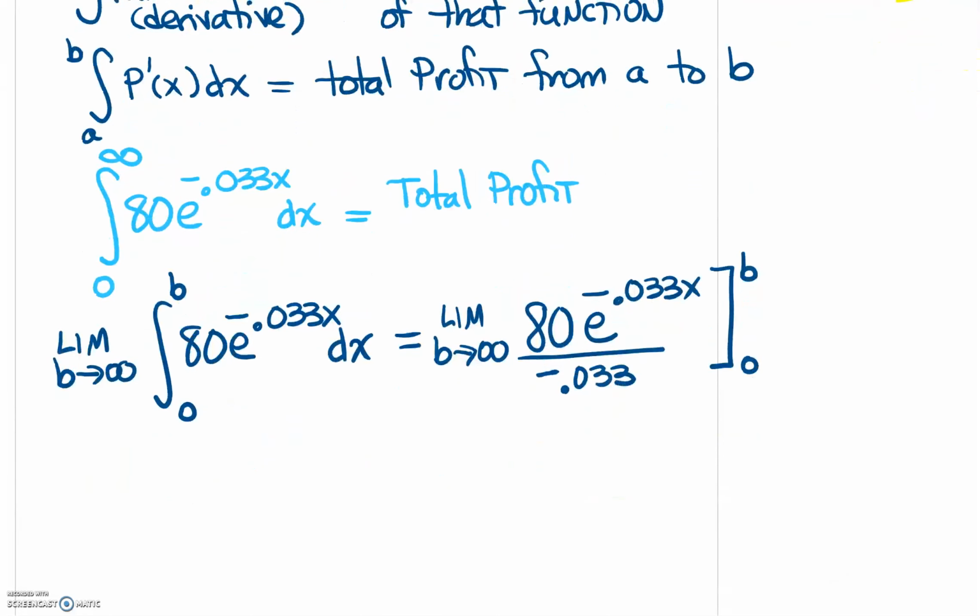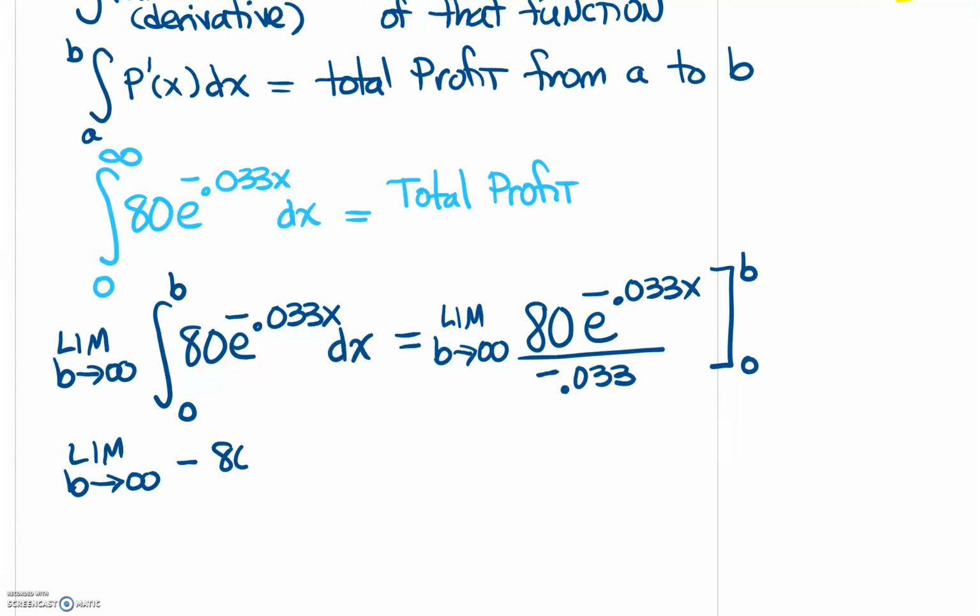Now, dividing 80 by negative 0.033 does not divide nicely. If you like, we could put the fraction form of that. If you type in 80 divided by 0.033 in your calculator and convert that to a fraction, you're going to get 80,000 over 33.